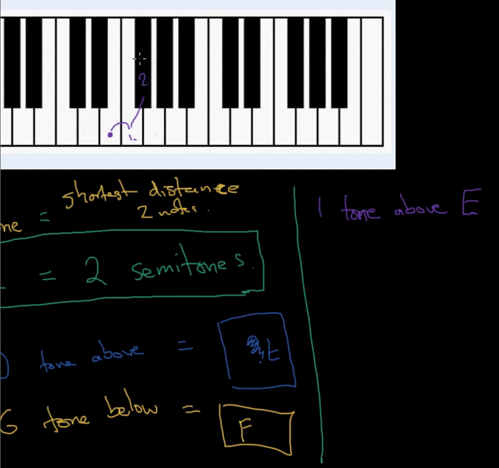Now we need to work out what this note is. This black note here. Well, we've talked about that. There is our C, our D, our E, our F, our G. What note is this? It is an F sharp, which is how we got F sharp.